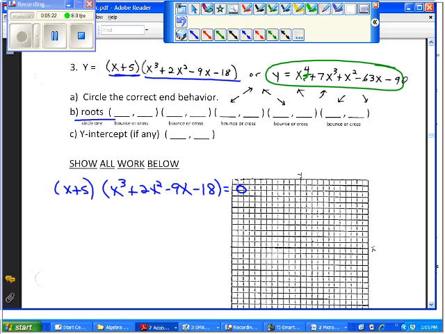So remember that to find the zeros or the roots, it is the values of x that would make y 0. And we know because it's a fourth degree polynomial, there's going to be 4 of those roots. Okay?